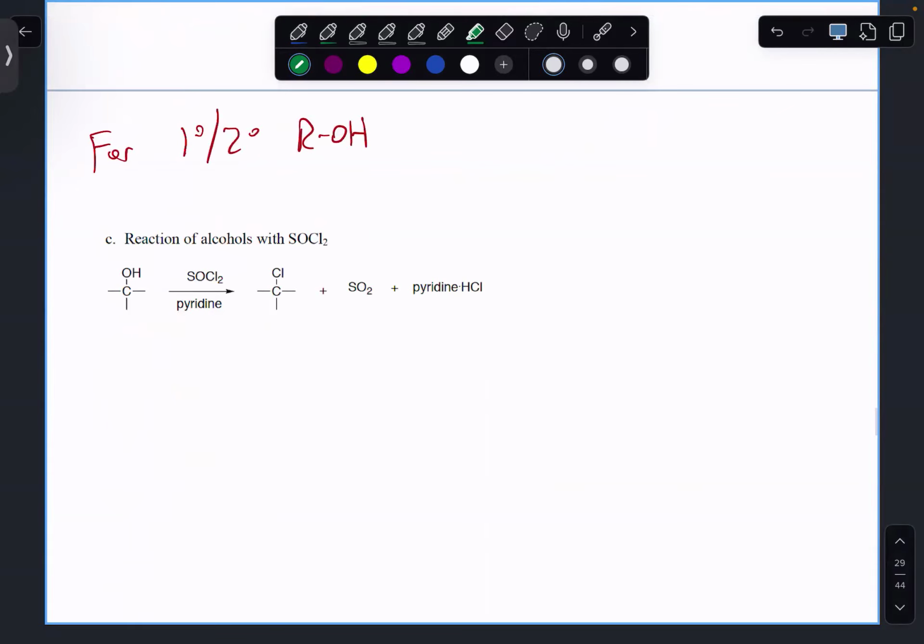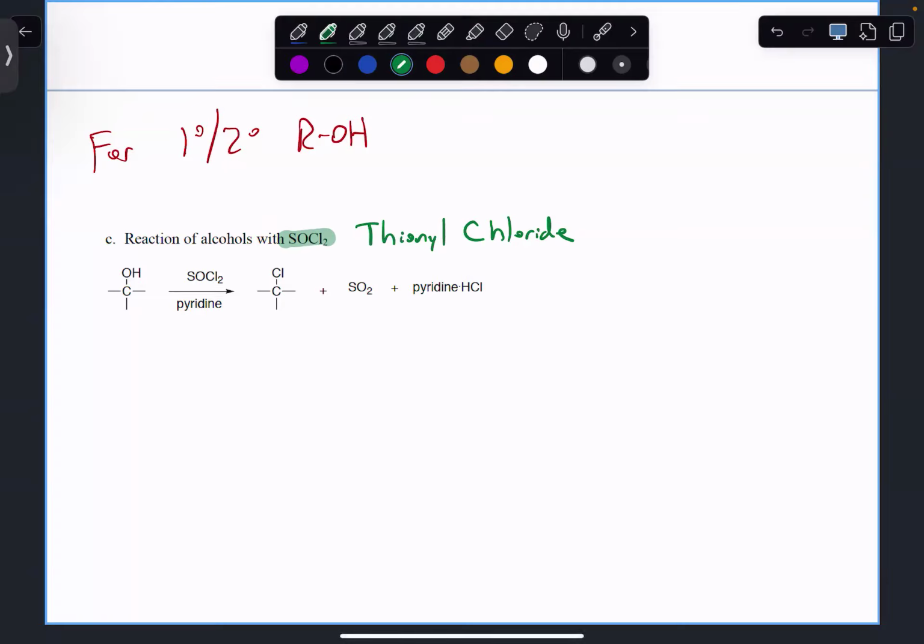For chlorination, there's also a better way of doing this. For chlorination, we're going to use something called SOCl2, or thionyl chloride. Thionyl chloride looks like that.